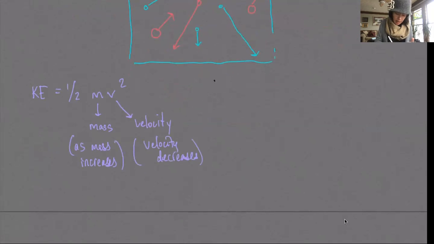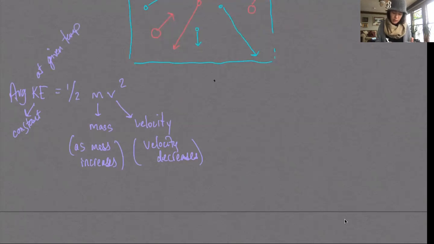But the average kinetic energy at a given temp is constant. The mass and velocity are inversely related to give the same average kinetic energy at a given temp.